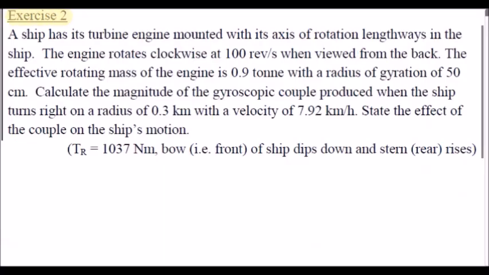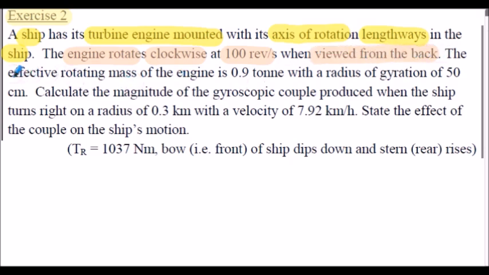Exercise 2. A ship has a turbine engine that's mounted with its axis of rotation lengthwise in the ship. The engine rotates clockwise at 100 revs per second when viewed from the back, or the stern, of the ship.